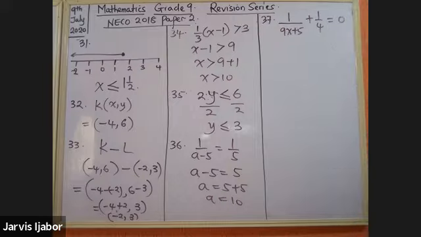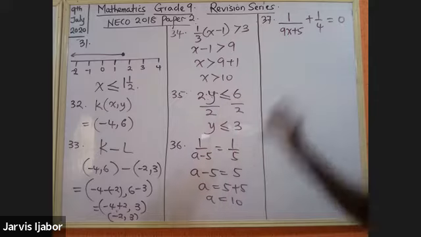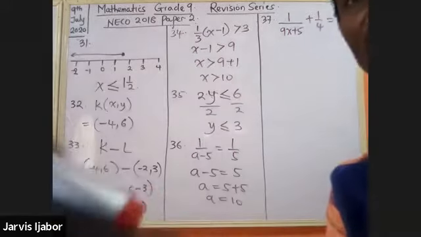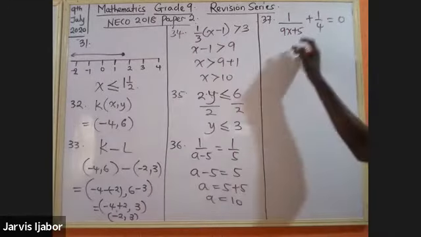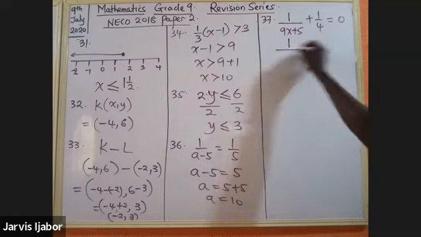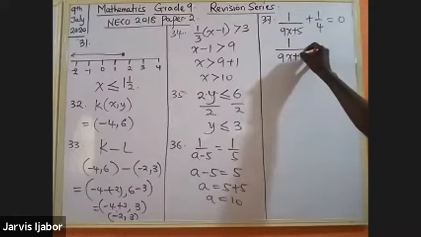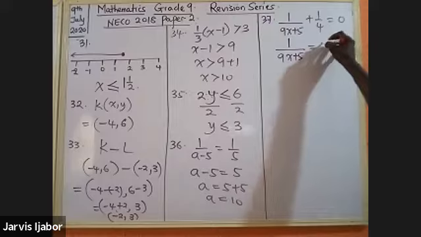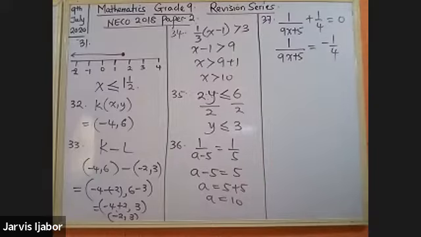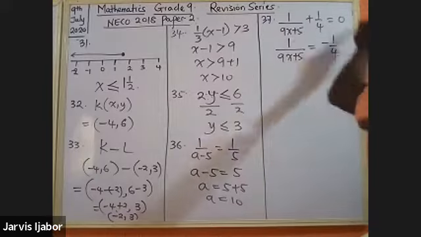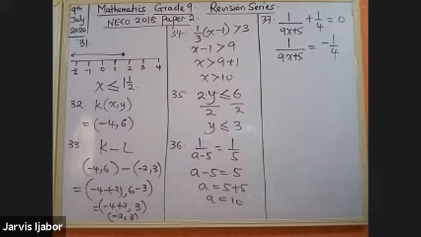All right. Okay, so there are different ways you can solve this. But I will advise you, the easiest way to do this is just to say 1/(9x plus 5) will be equal to minus 1/4. Add the inverse to the other side, and that gives you the answer.